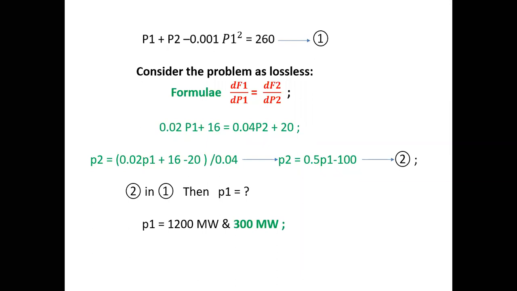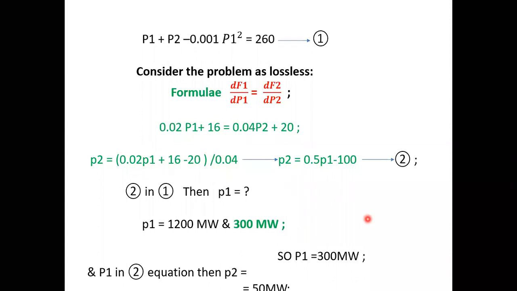P2 is equal to 50. Roll number A7 is giving that P2 is equal to 50. B8 is asking that, sir, explain equation 1 once again. So finally we got P2 equal to 50. P1 is equal to 300. If you substitute that P1 equal to 300, then you will get P2 equal to 50.